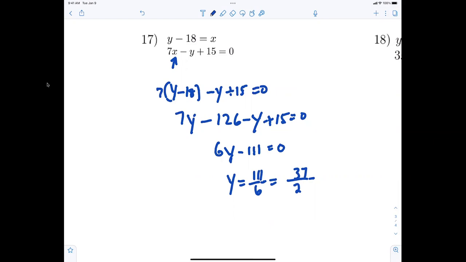Yeah. Now let's just type in the calculator since we got something different. The top is going to be y equals x plus 18. And the bottom is y equals 7x plus 15.